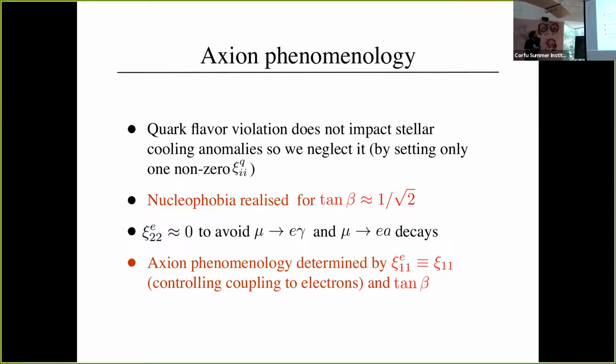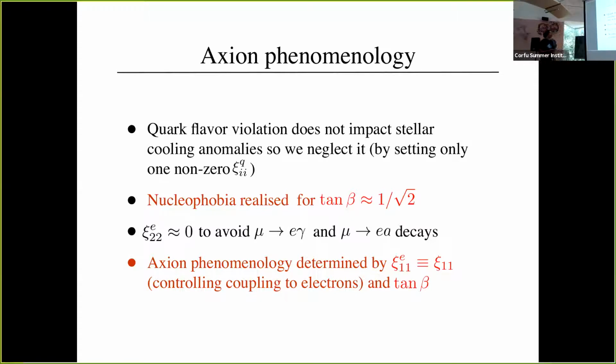And then nucleophobia sets the value for tan beta. So tan beta should be roughly around 0.7. Of course, we don't need a precise cancellation of the nucleon coupling, but one should remember that tan beta should be close to this value. One should also set psi2 in the lepton sector close to 0.